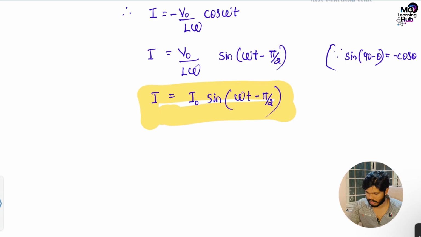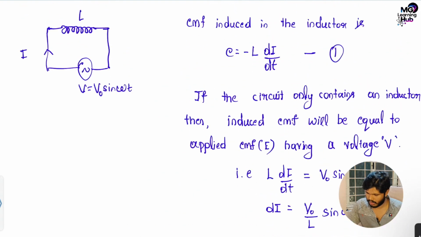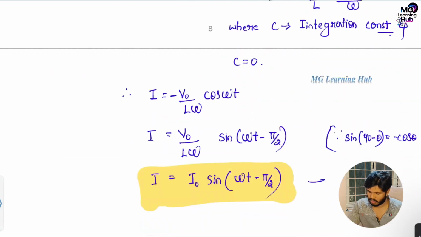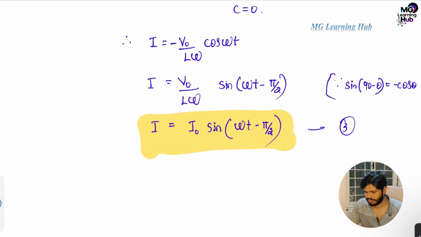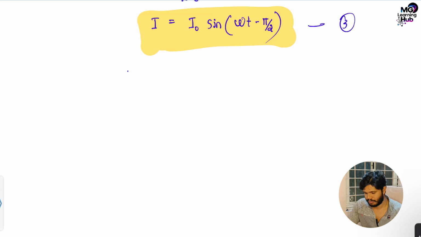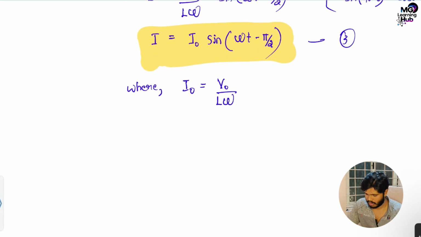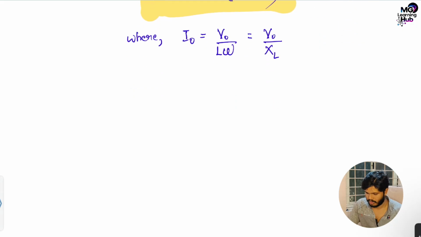So this is the expression for current, and let us call this equation 2, and this is equation 3, where I naught is equal to V naught by L omega, and that can be written as V naught by XL.